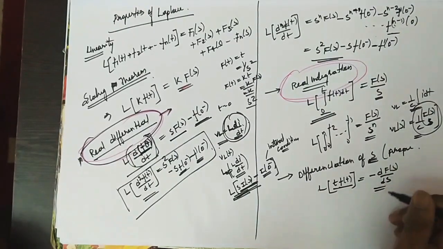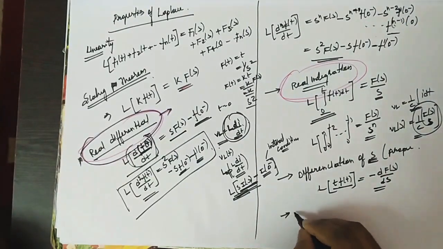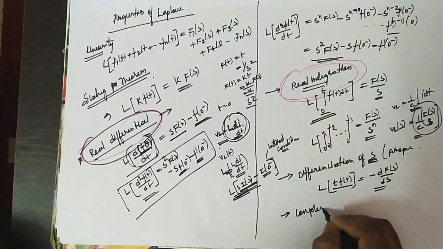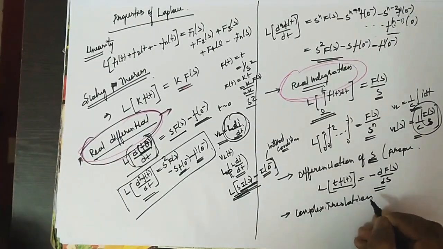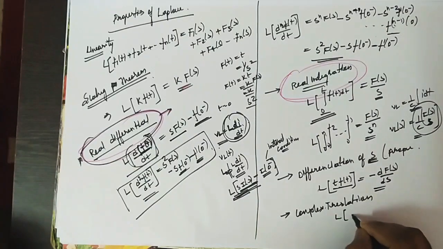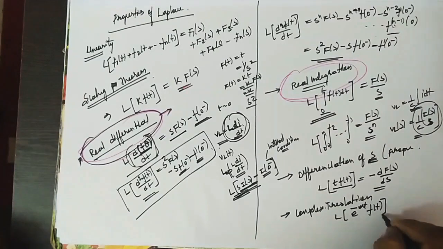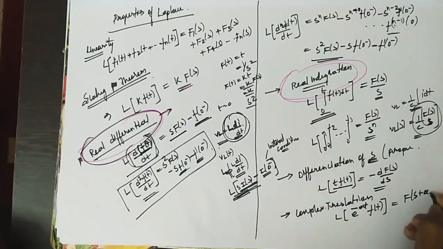Similarly, you have complex translation. The complex translation is: Laplace of exponential of minus at times f of t is F of s plus a.